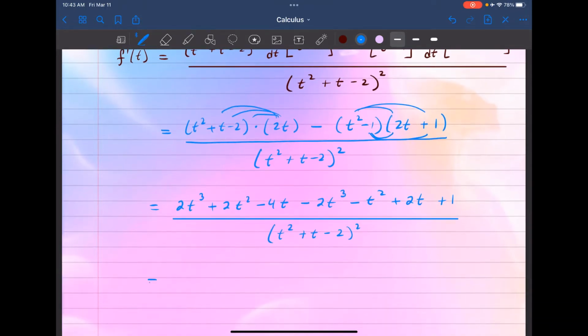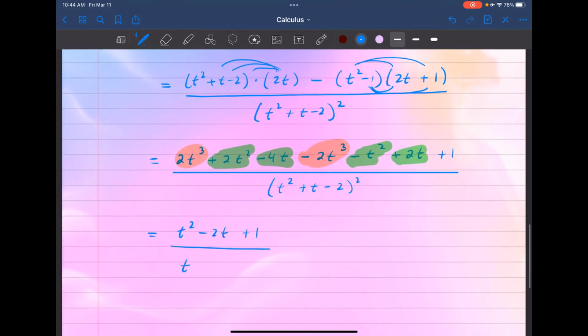And then it looks like a lot of the things will simplify on top. So I can go ahead and cancel them. 2t cubed and negative 2t cubed cancel out. And then here these will combine. 2t squared and negative t squared gives me t squared. And then negative 4t and 2t gives me negative 2t, plus 1, all over the bottom squared.